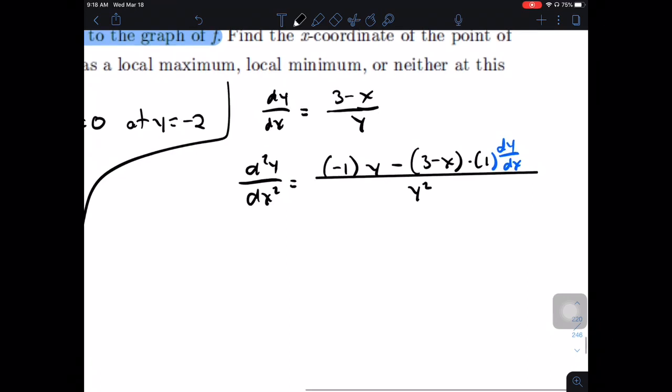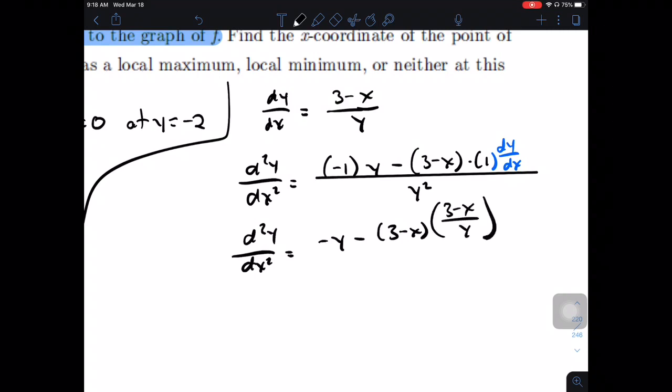Simplifying this a little bit, and also knowing that dy over dx is this monster right here, we could say the second derivative with respect to x is -y minus the difference of 3 and x times the difference of 3 and x over y.